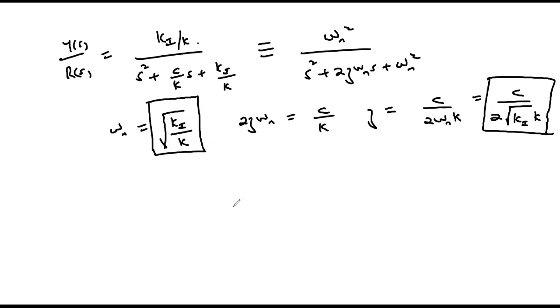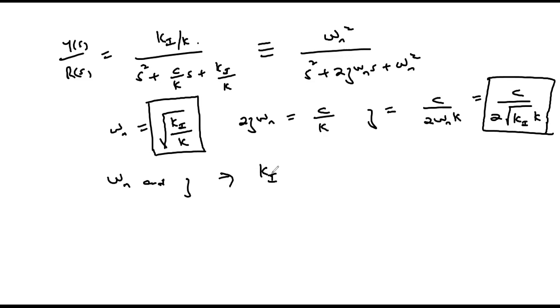Remember, C and K are constants which depend on the system, and therefore the only parameter which can be varied here is Ki. That means both omega n and zeta are functions of Ki.